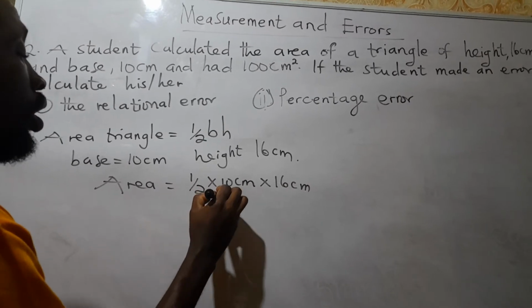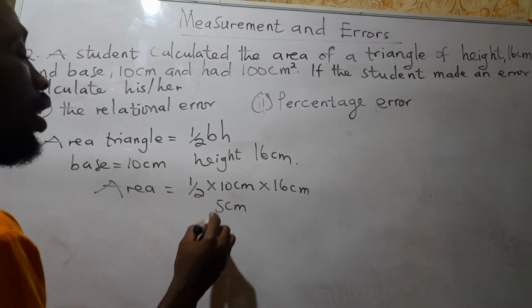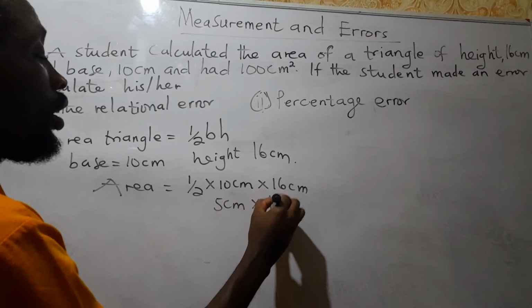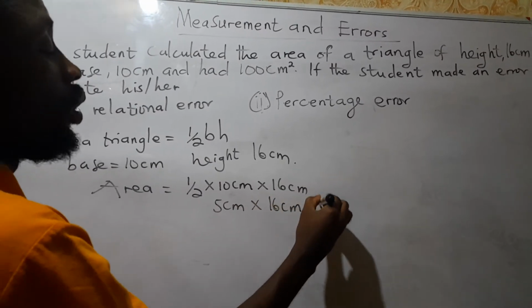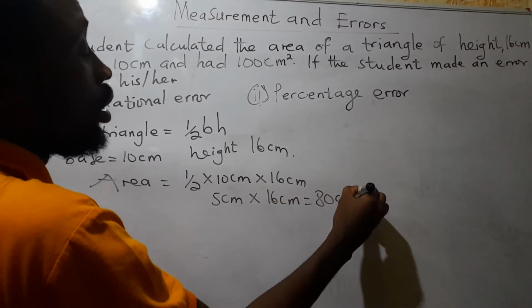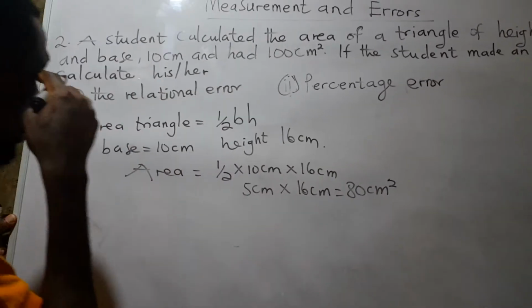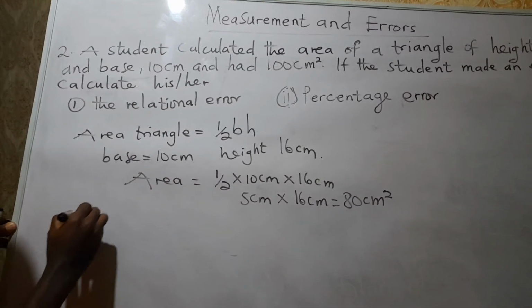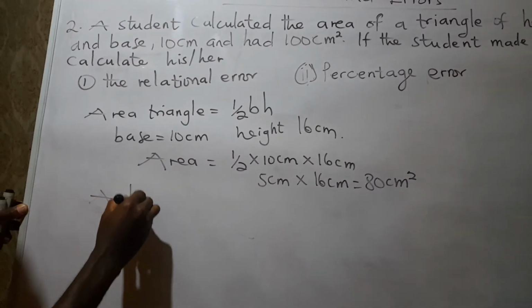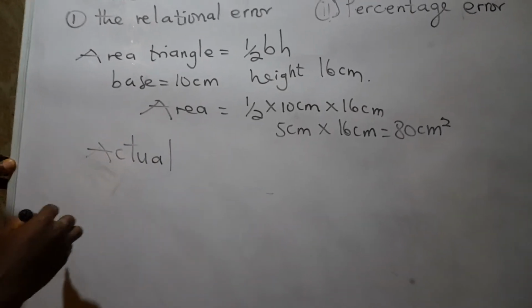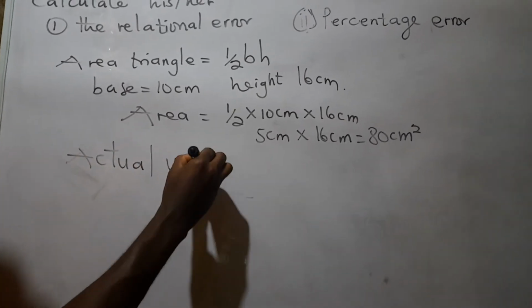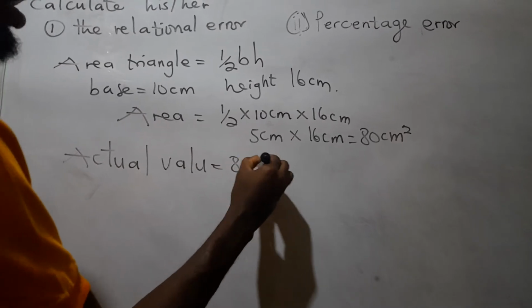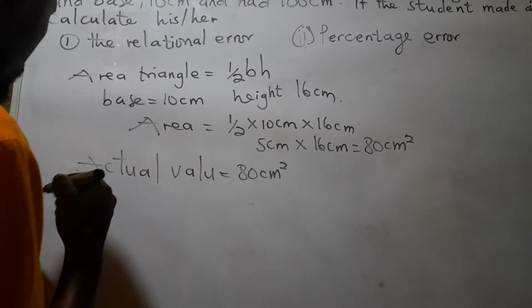So this will be half times 10, which is 5 centimeters, times 16, and that will be 80 centimeters square. So that is the actual value of the area of the triangle. So we say actual value is equal to 80 centimeter square.